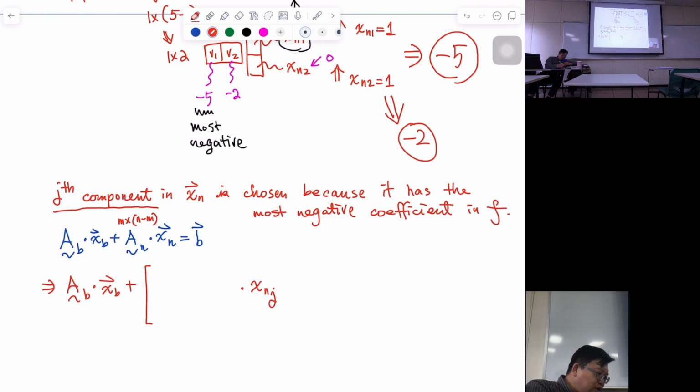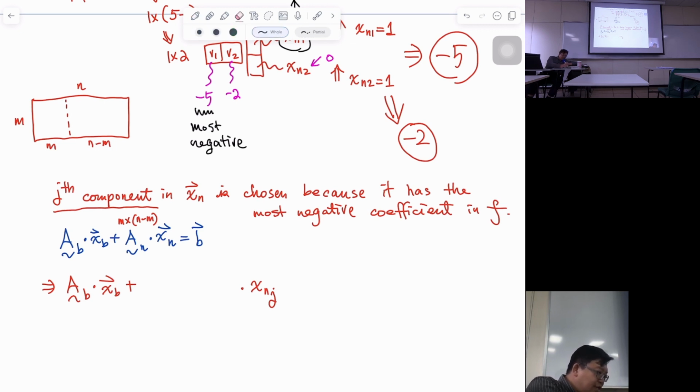Maybe I make a drawing of it. Originally the A matrix looks like this. This is m by n, and this is n minus m.